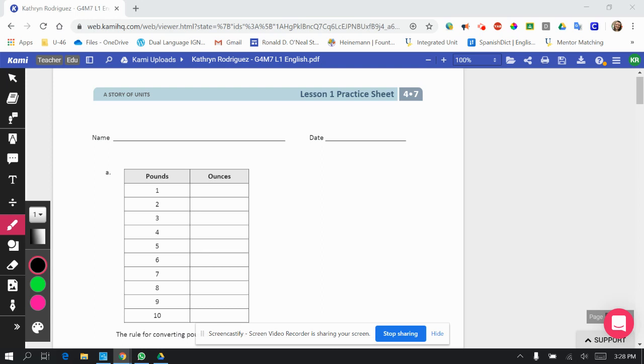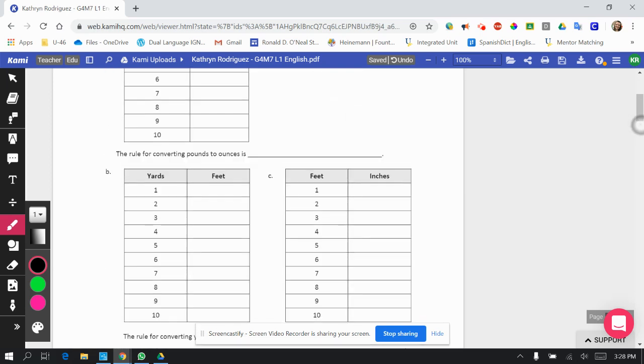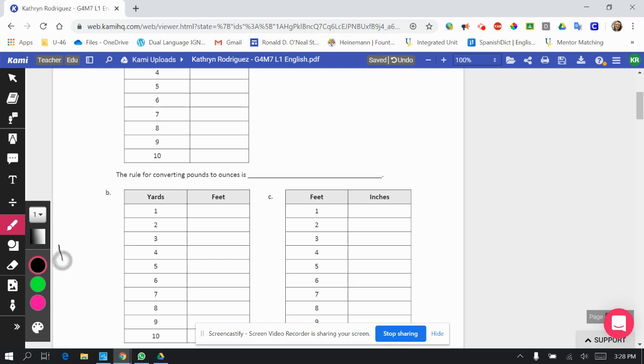We will be looking today at two things. One, with pounds and ounces, we'll be looking at weights. Okay, that is how much do things weigh or how heavy are they? And the next thing we'll be looking at is length.